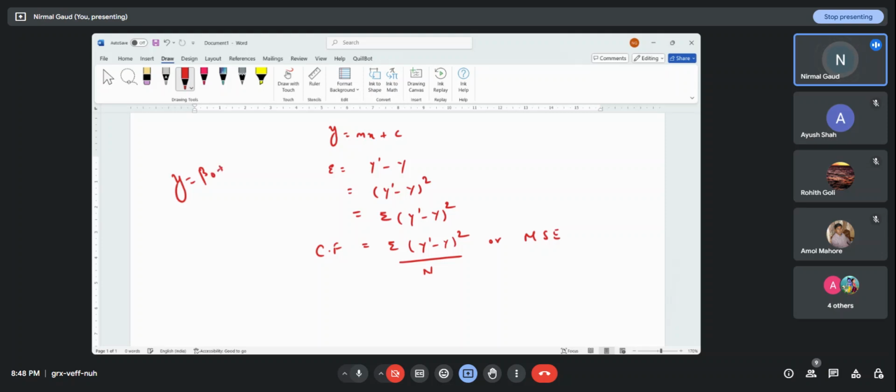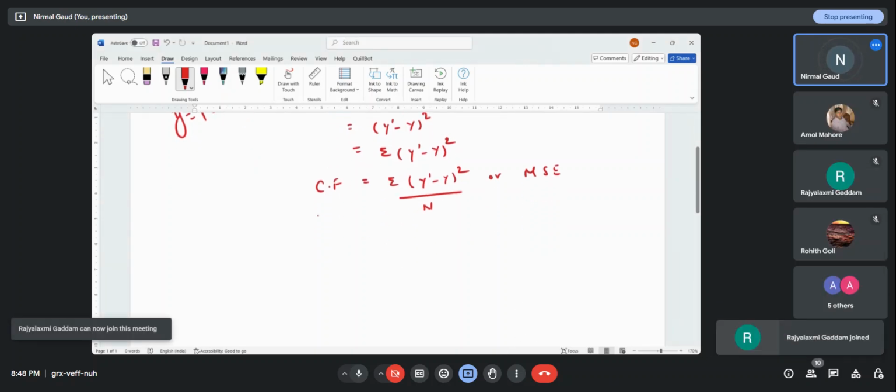Then I substituted the value of y here, which I said it's better to write the equation in the form of beta naught plus beta 1 x, where beta naught and beta 1 are the coefficients. You can say them as slope or intercept. And I put the value of both in the equation.